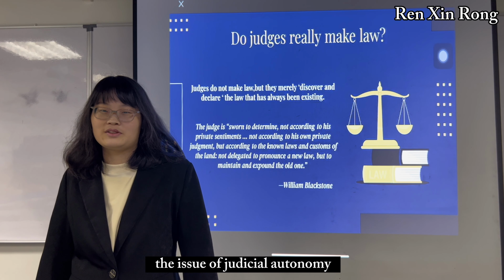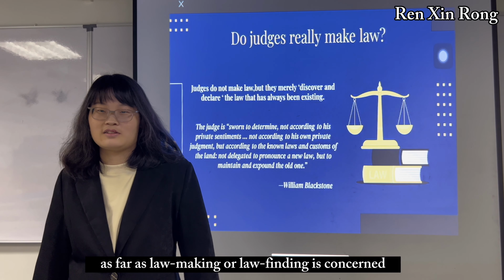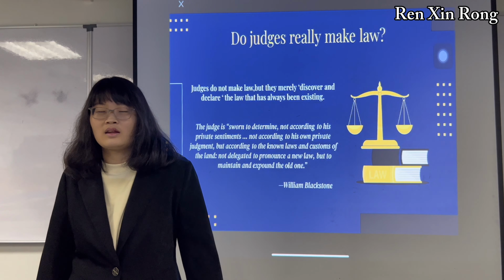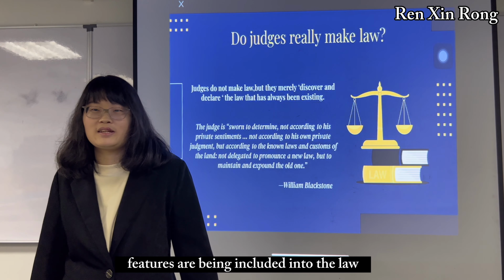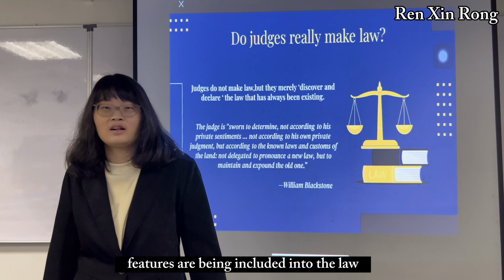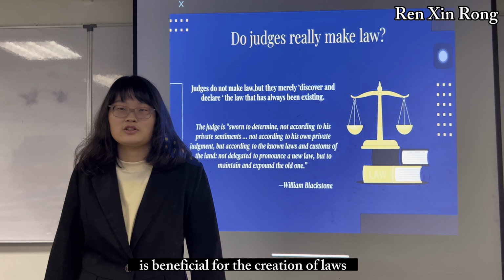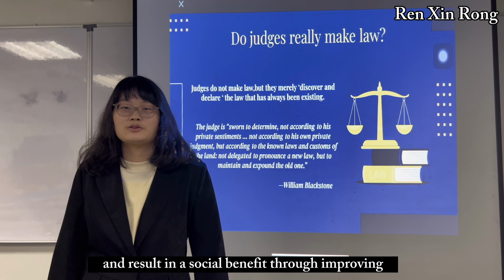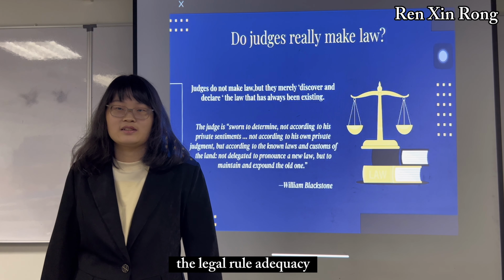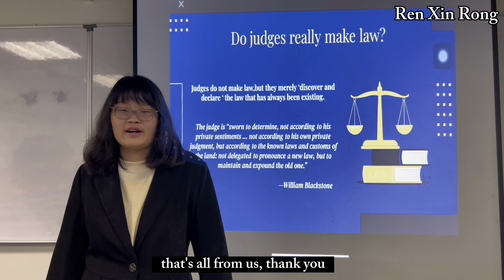The issue of judicial autonomy is a source of contention as far as law-making is concerned. However, because new empirical features are being included in the law, the judiciary's participation is beneficial for the creation of laws and results in social benefits through improving the law and democracy. That's all from us. Thank you.